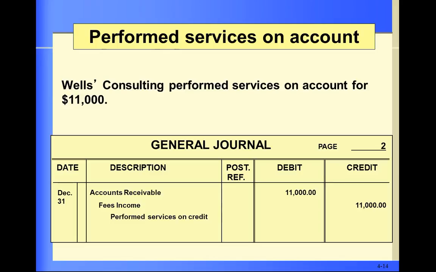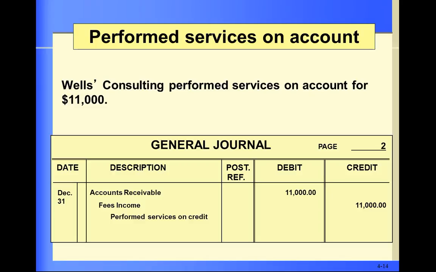So we're going to receive that money later, hence why we call it accounts receivable. So in this case, we're going to increase the balance of that account by $11,000. This is an asset account, so we increase that with debits. And if you're wondering why is it an asset, well, we're expecting to get paid that money at some point, usually between 30 and 60 days.